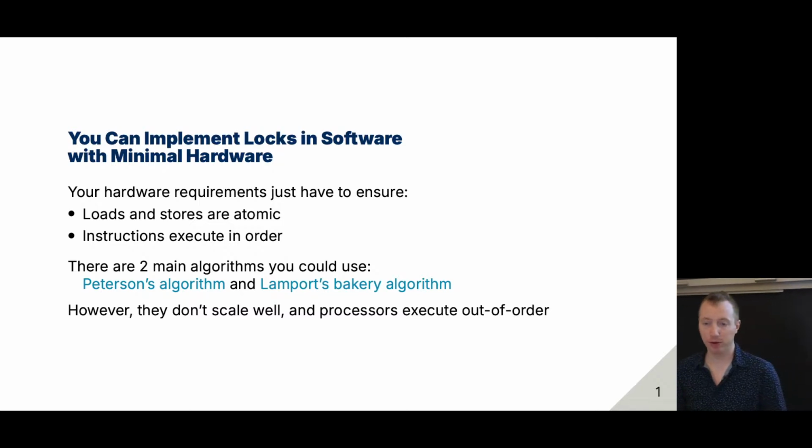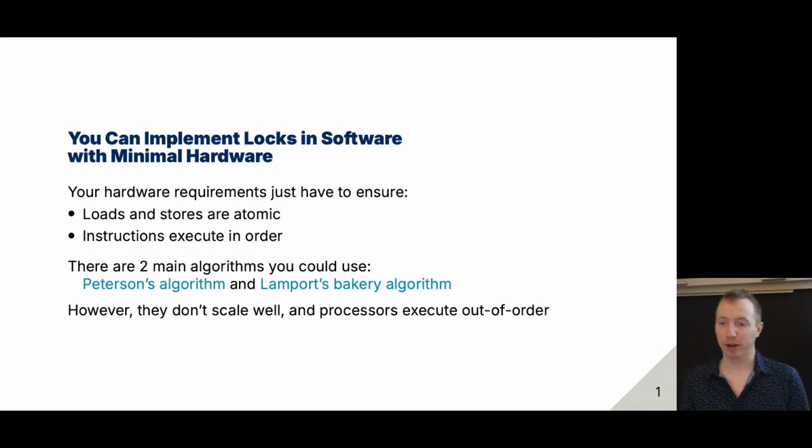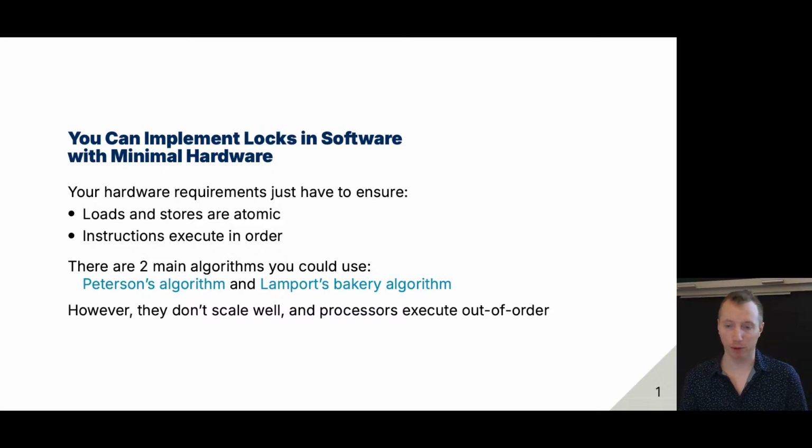With just those two hardware requirements, there are two main algorithms: Peterson's algorithm and Lamport's bakery algorithm, where processes essentially take a number and then try to order themselves to get the lock in the same order. However, they're slow and don't scale well, so as more processes are waiting for the lock, it gets slower and slower. Processors also execute out of order because, well, turns out that is a faster thing to do, and that's all covered in your hardware course, or at least some of it.